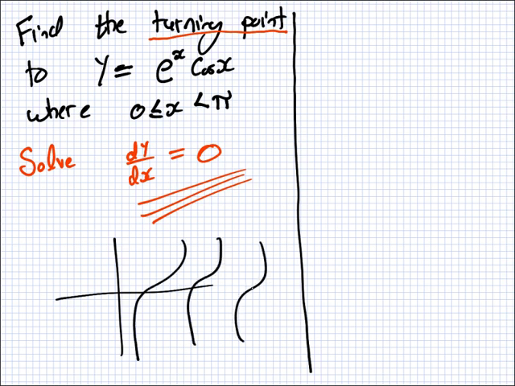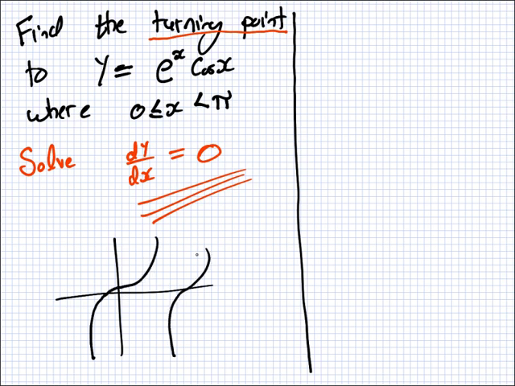Like this. The turning point is 45. But I think the period is only pi, so half. It's okay. But I know the triangle, yeah.